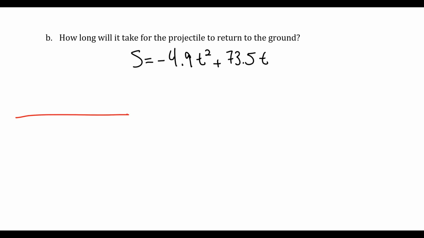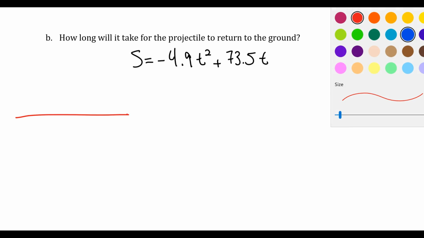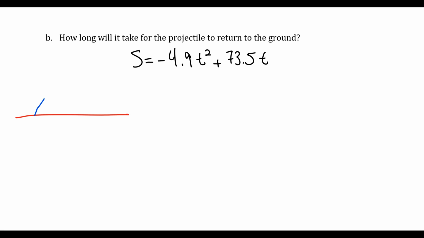We have the ground, and we send this object up in here and then down here. So this right here is at t equaling 0. Okay, it starts out at the ground and then shot up. So it's going to hit the ground again over here. Now if you think about the height where it hits the ground, the height is 0.